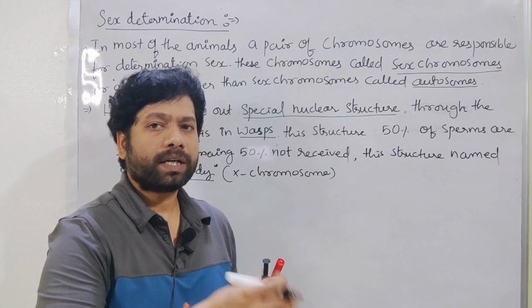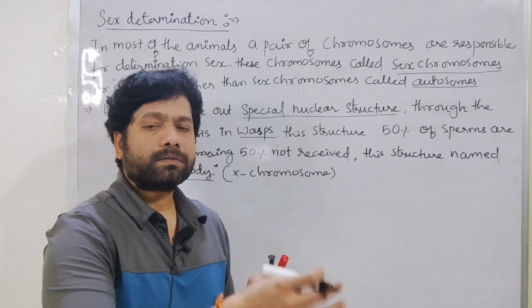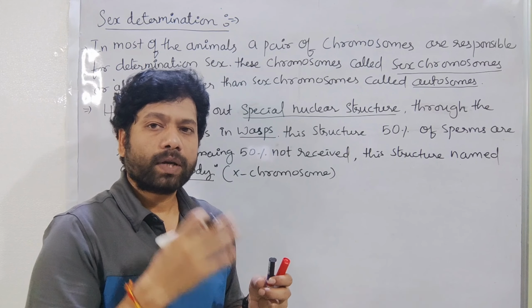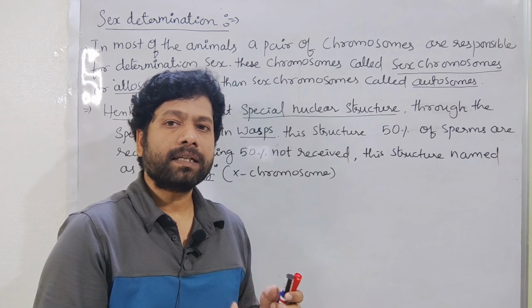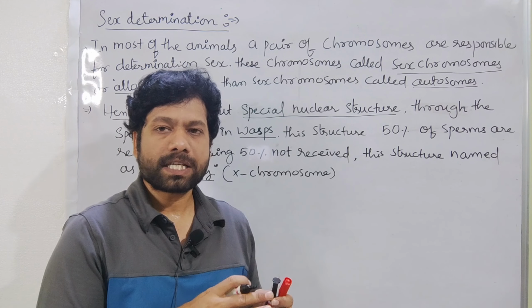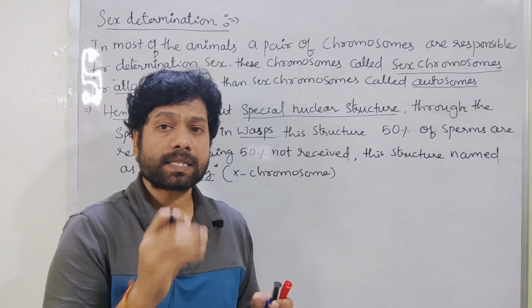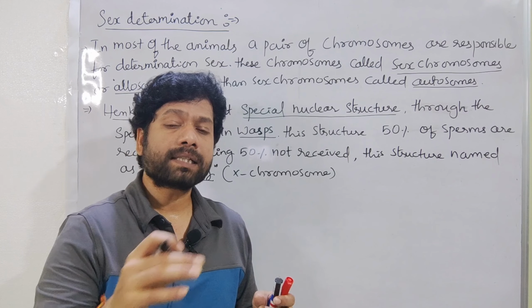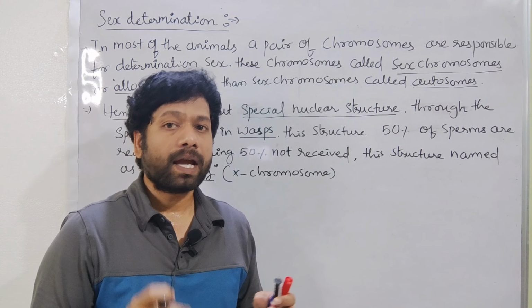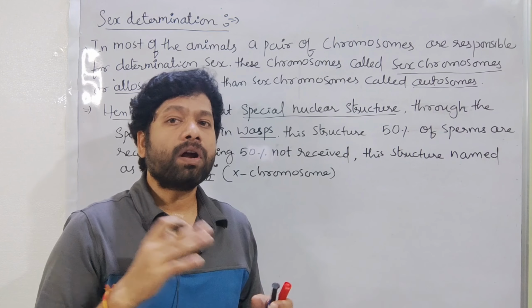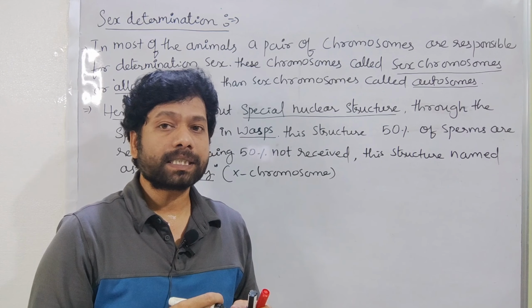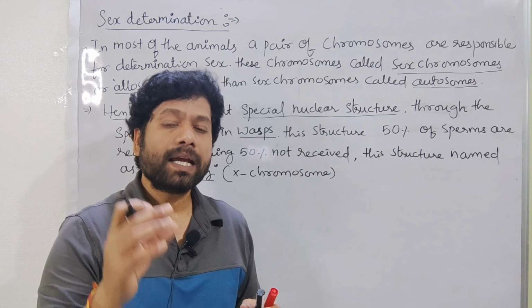After the division, the special structure was traced out by the scientist. Some of the cells received the structure and some did not, and the structure received is named the X body.